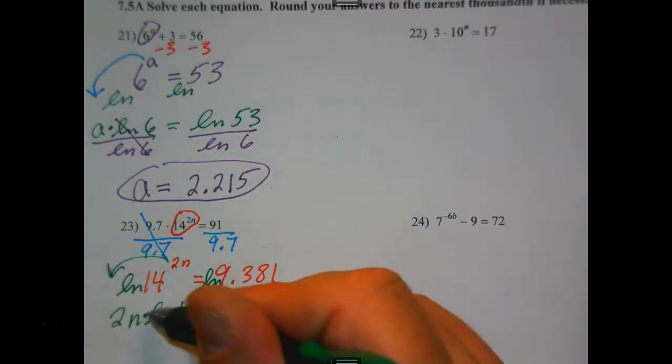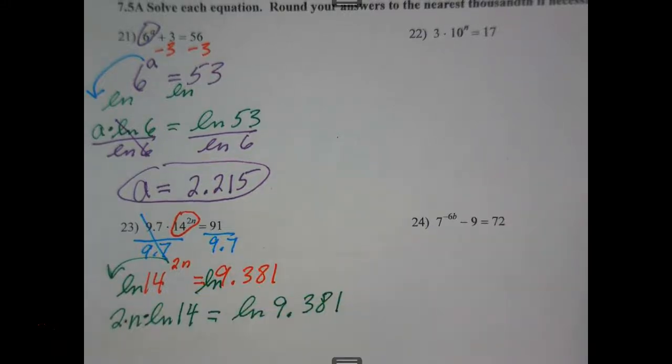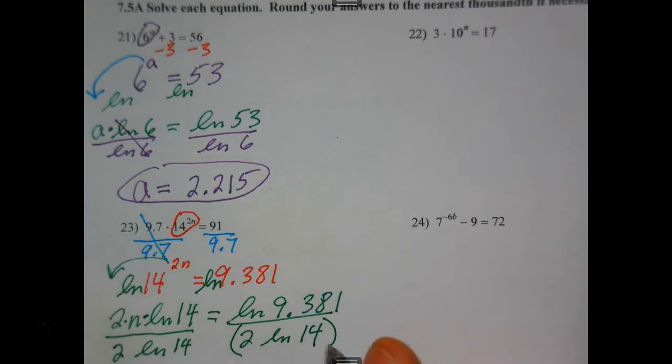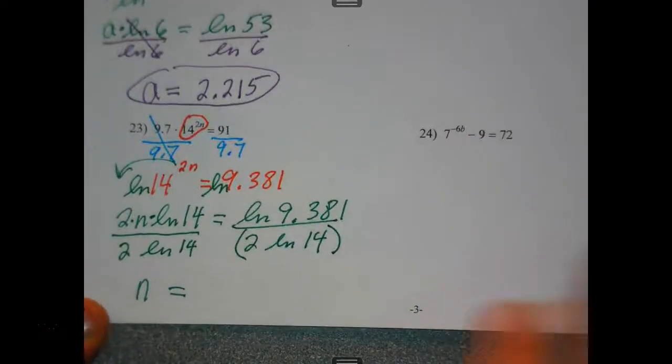See, there's multiplication between all of this, right? So I'm going to divide by, remember I got to get n equal to something, right? So what don't I want here? Now, be careful, but we got two numbers there, so we need parentheses.